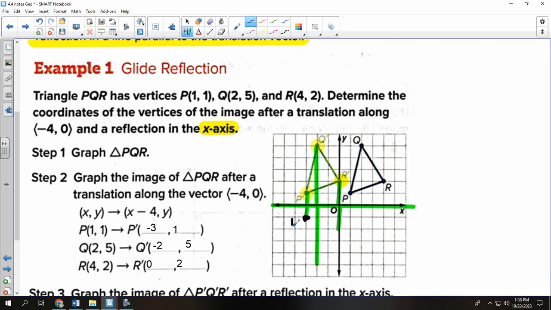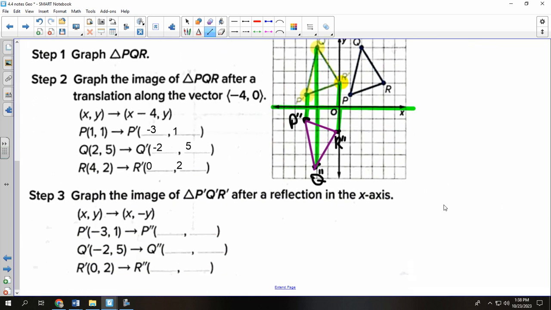Our new P double prime, the little prime just tells you how many times it's had a change. So we're here, and we're here. All right, let's connect the dots. And there we go.